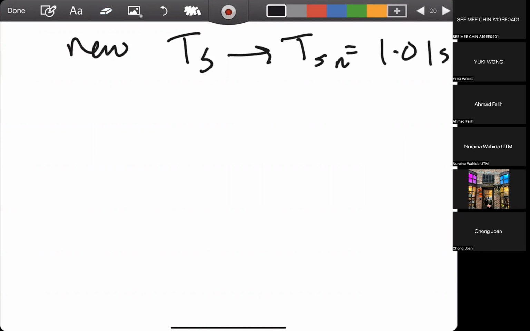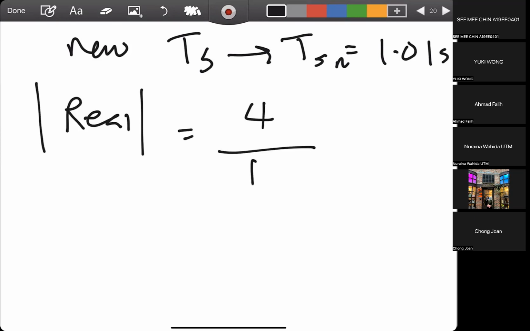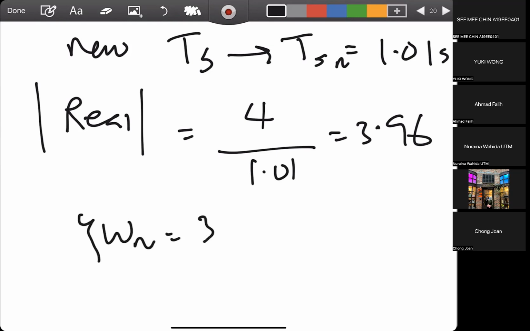Okay, so again you repeat the real part with the new 1.01. Then this one is zeta omega n, 3.96.